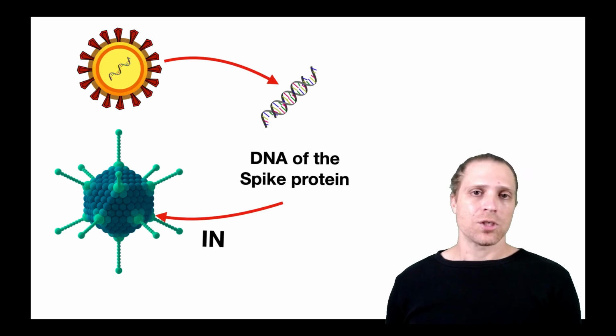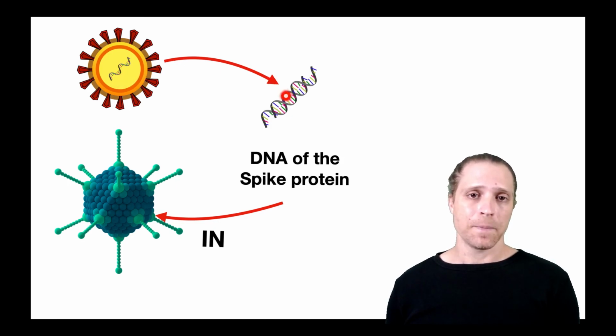What did the researchers insert inside the virus? You remember that the genome of the coronavirus is in RNA form. So they had to change this RNA into DNA, and then they took the DNA specifically of the spike protein and inserted this piece of DNA that encodes the spike protein into the genome of the adenovirus.